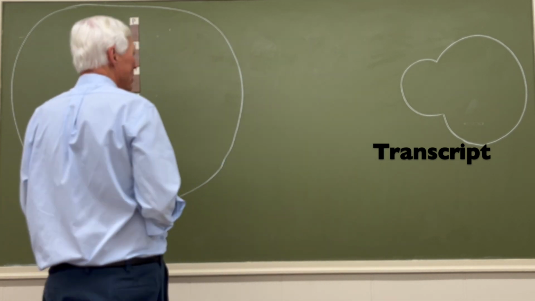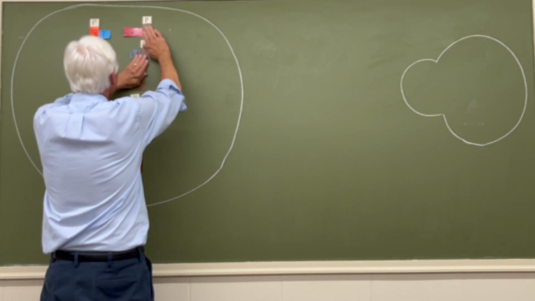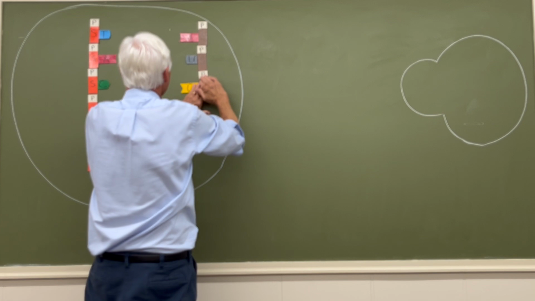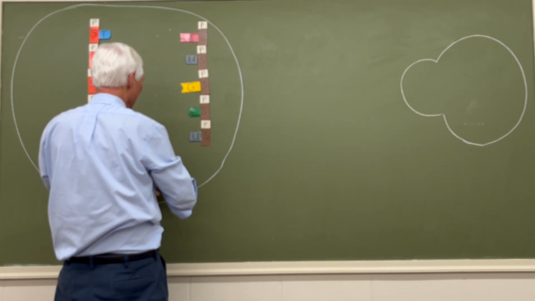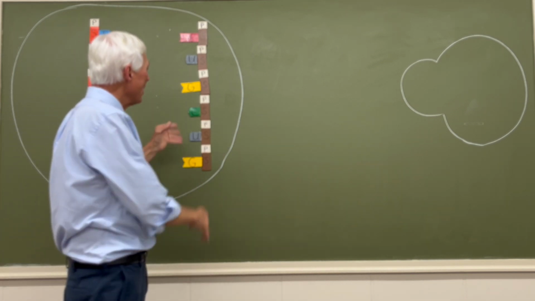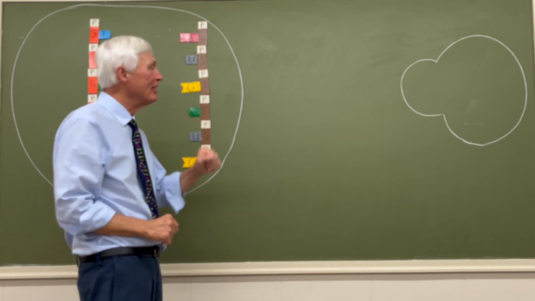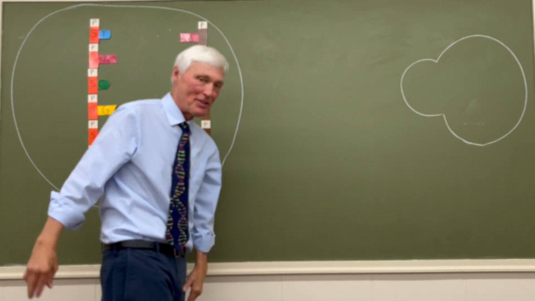Now let's look at what happens next. The mRNA is going to peel away from the DNA that produced it, like this. Okay. And then the next step, the messenger RNA is going to leave the nucleus of the cell and venture out into the cytoplasm of the cell.